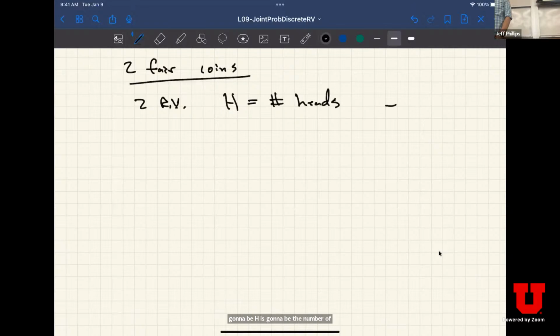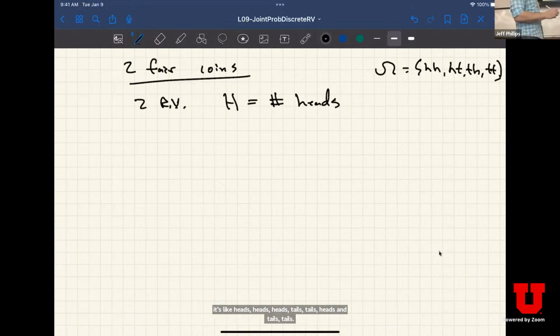The sample space is heads-heads, heads-tails, tails-heads, and tails-tails.